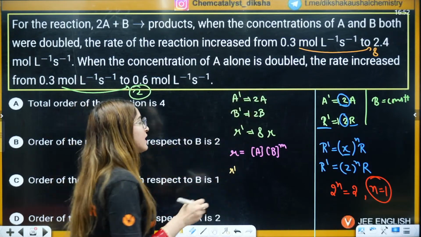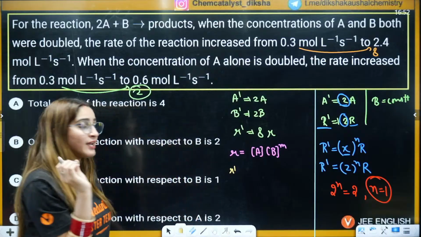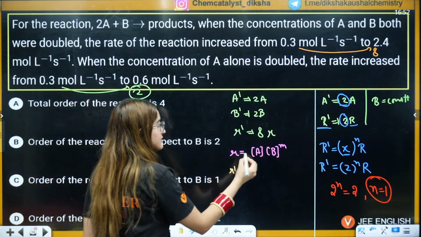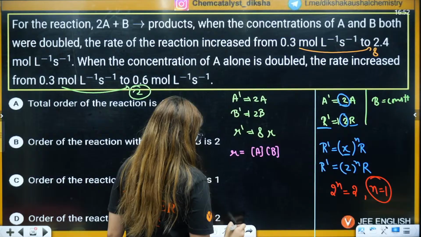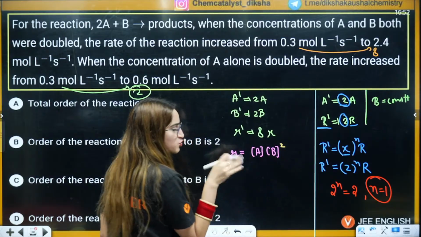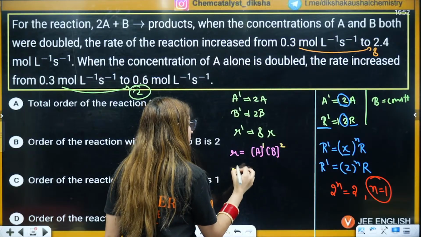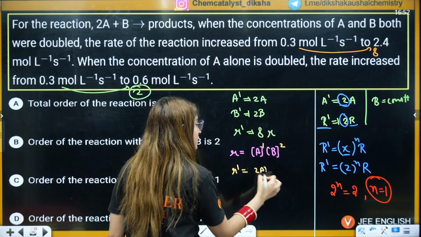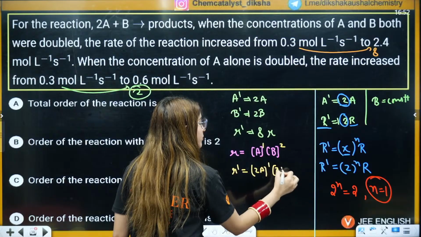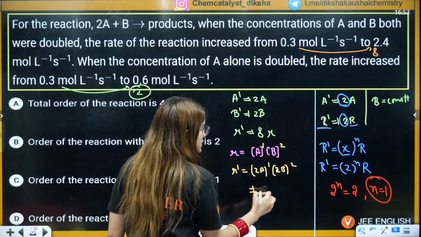That we know. So let's do hit and trial here: let's say with respect to B it is 2. Then R dash will be equal to 2A raised to power 1, 2B raised to power 2.